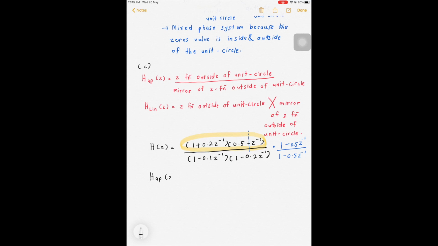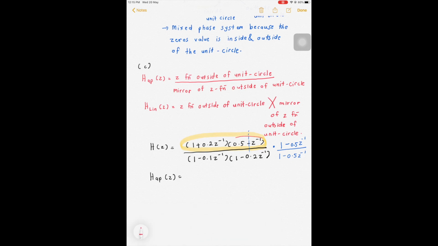Next we are going to determine what is H_ap(z). You refer to the definition I gave you just now: z function outside of the unit circle over the mirror of the z function outside of the unit circle.